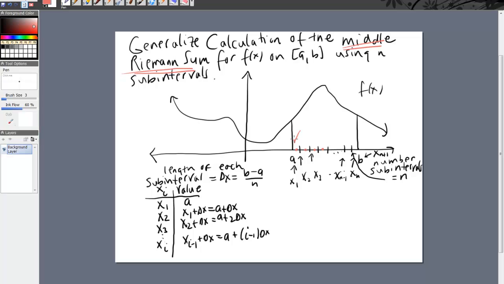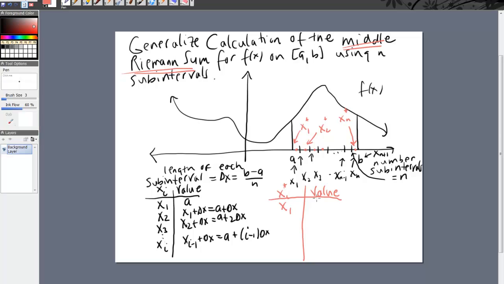So again, this is x sub 1 star, and this is x sub 2 star, all the way out to the last interval, which will be x sub n star. Notice that there are going to be n of these because there are n subintervals. Let's see if we can generate a general expression for x sub i star.